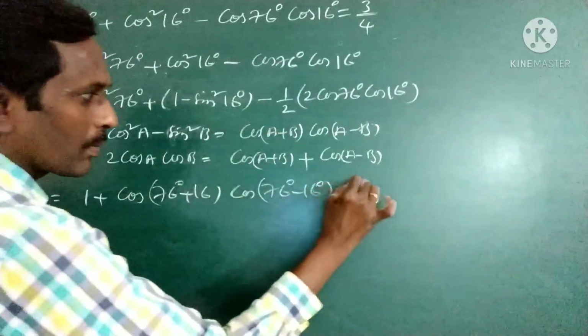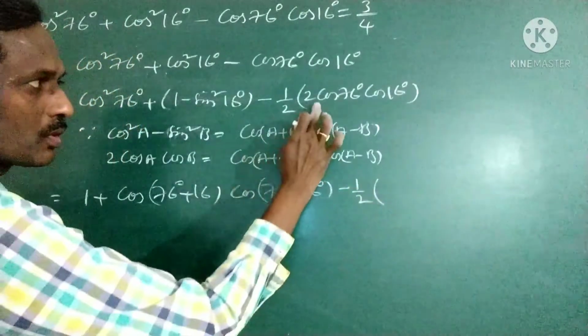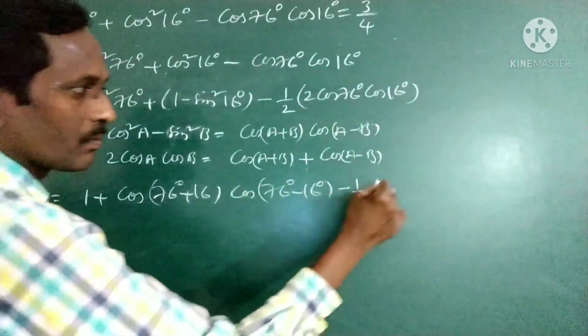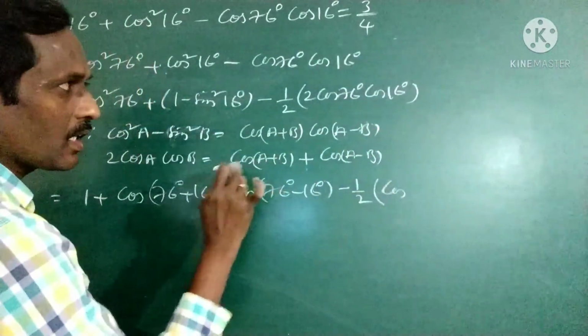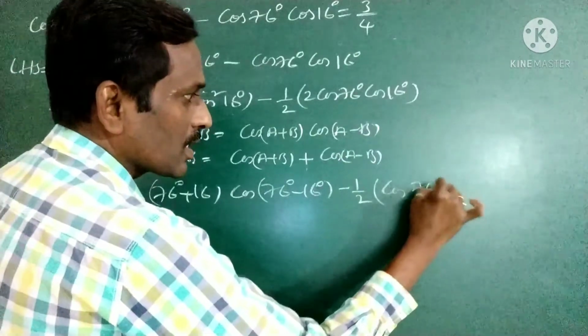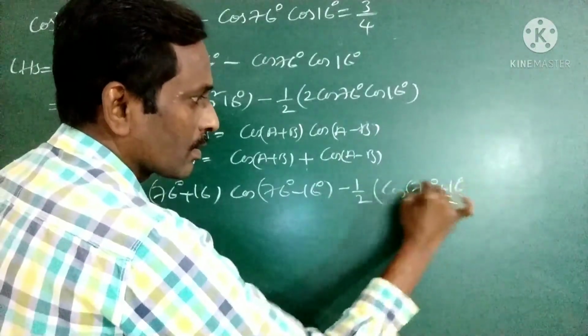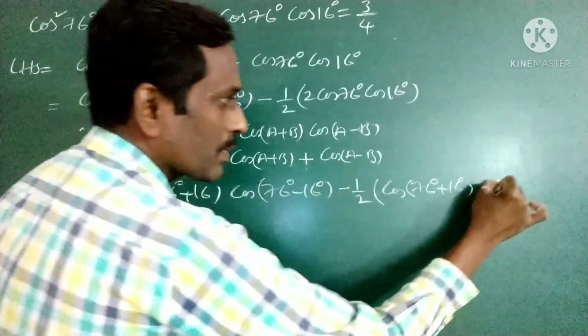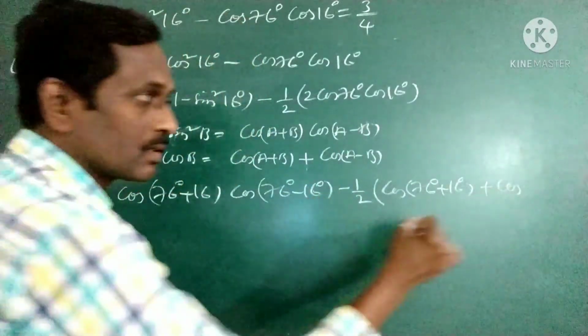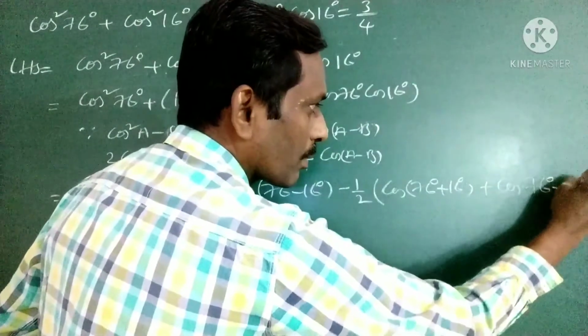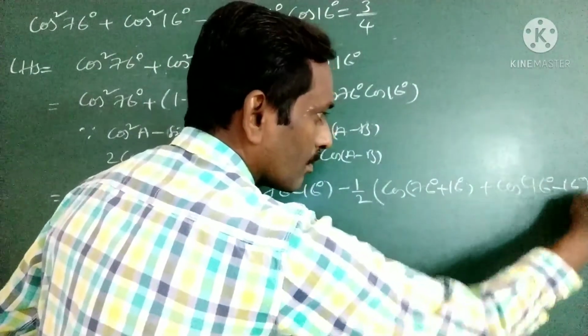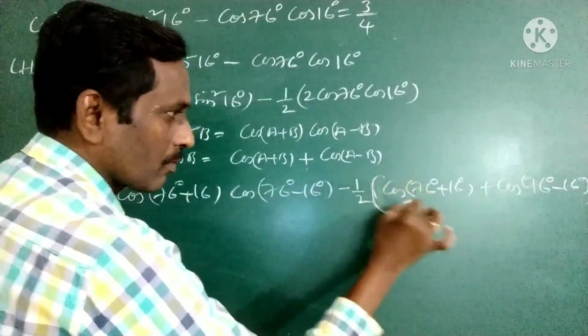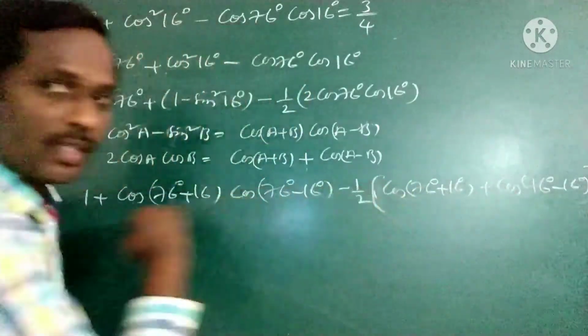For this, minus 1 by 2 into this function, we can write cos function again, A plus B becomes 76 plus 16, plus cos of A minus B becomes 76 minus 16. So 1 by 2 is common for both the values.